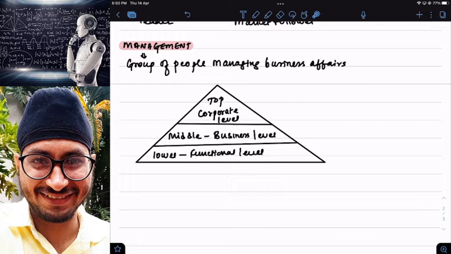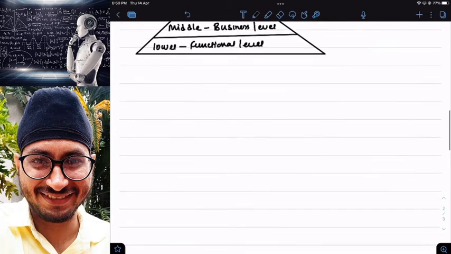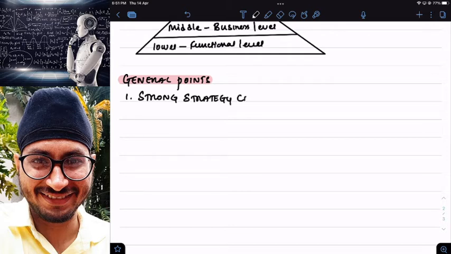Understood? Now I'll ask some two or three general questions. Clear? General points. This may be important for MCQs. General point number 1: strong strategy can replace management.